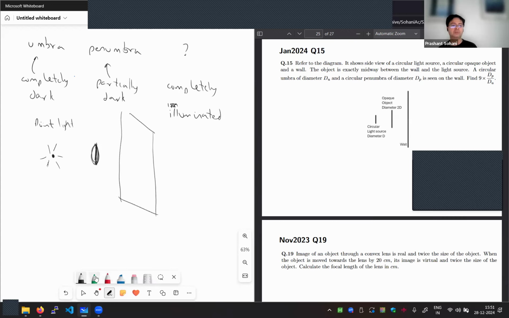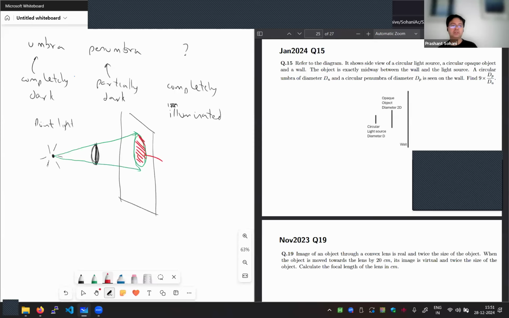Then from that point, I can trace the rays of light which are traveling in a straight line and they hit my screen. And so this circular disc will cast a circular shadow like this. Now you can see that because light cannot bend, light cannot jump like this, this part is completely dark.